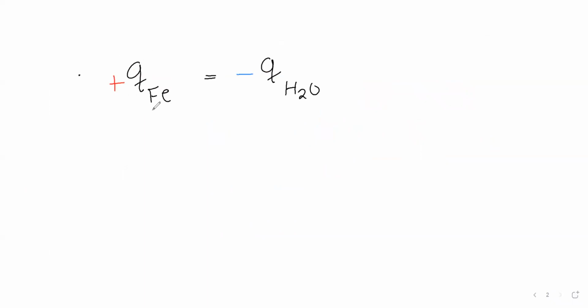Okay, so now we can set up the problem. We're going to use this formula: heat equals mass times specific heat times temperature change, T final minus T initial. So I'm going to replace each Q with this formula.